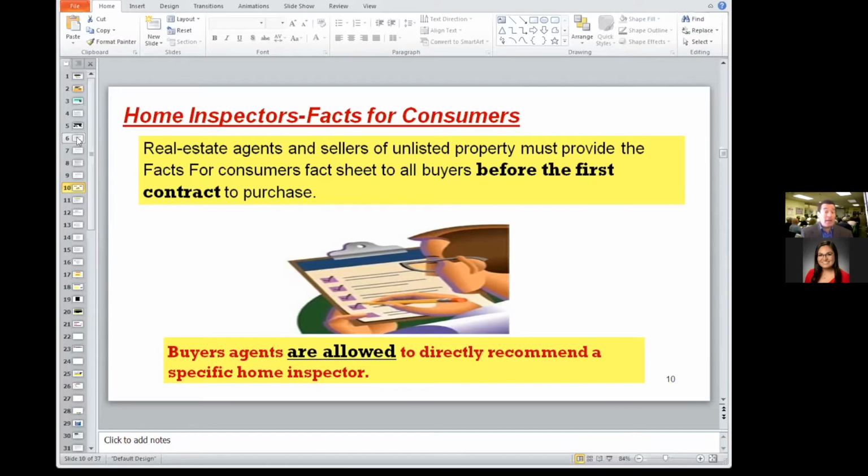Same thing with a buyer client. But if it's a buyer customer, then you're supposed to say, well, there's a list with a bunch of people on it, and go to the website and pick somebody. Now, a lot of real estate agents have a whole pile of home inspectors in their office on tables.